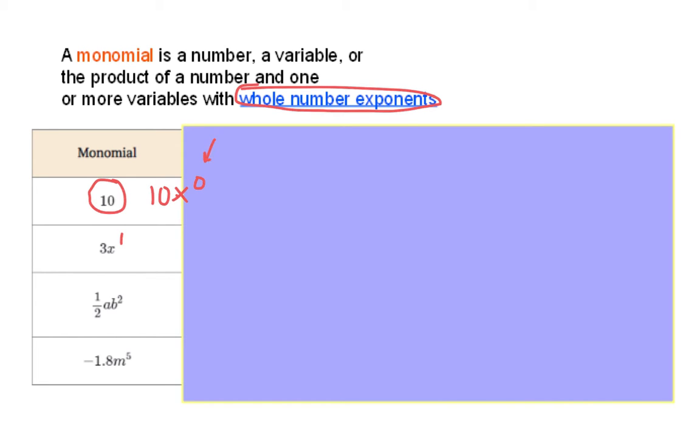Remembering again, 0 is a whole number. 1/2 ab squared, we have a fraction, but that's not the exponent. The fraction's okay. A, remember, has its own exponent, and b has an exponent of 2. Negative 1.8 m to the 5th, again, whole number exponent is the key.